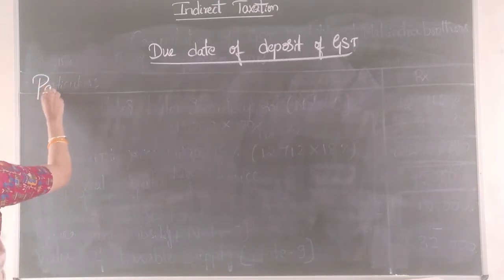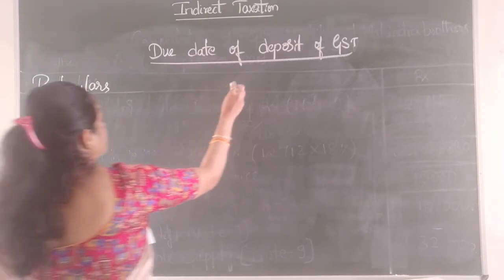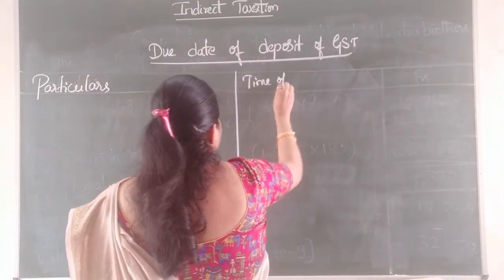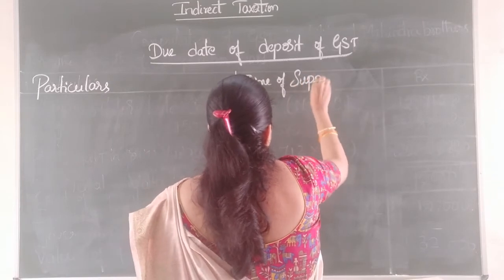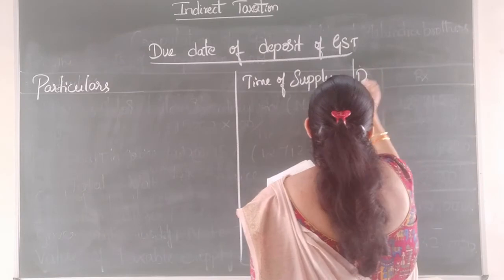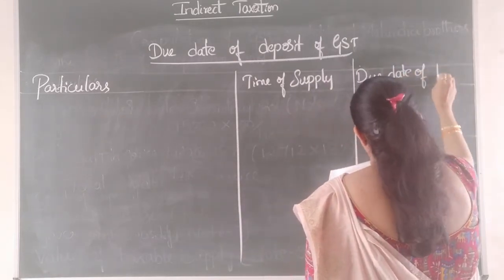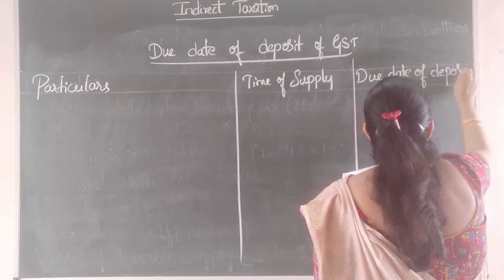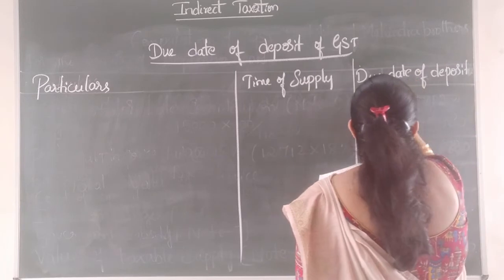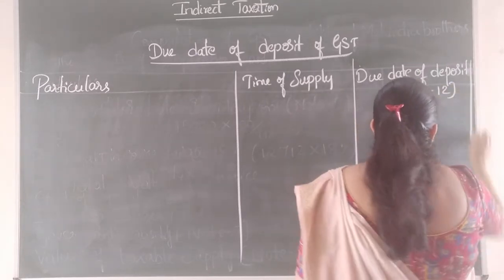It includes particulars, time of supply, due date of deposit. You can refer note 12 for this.